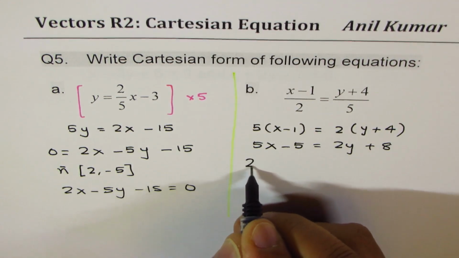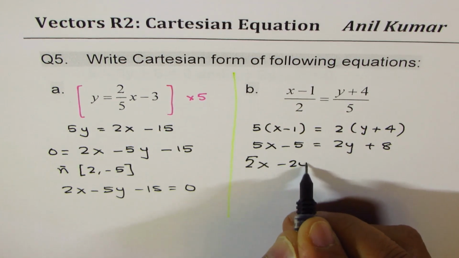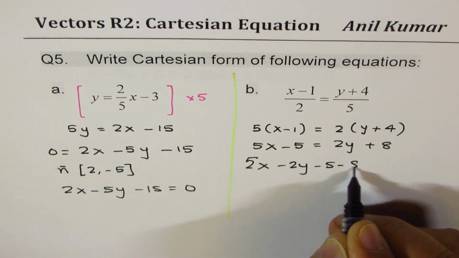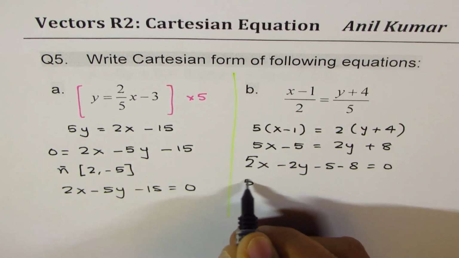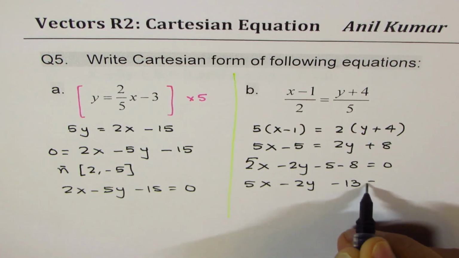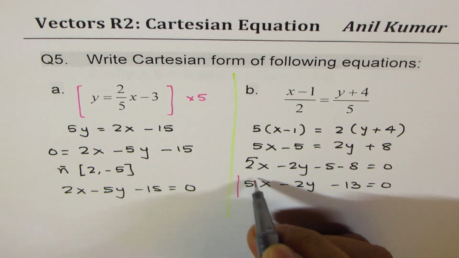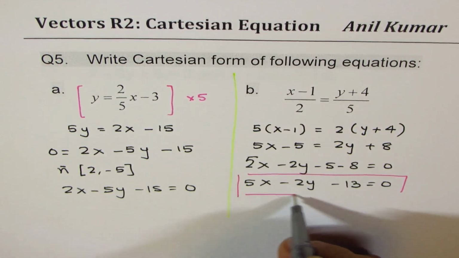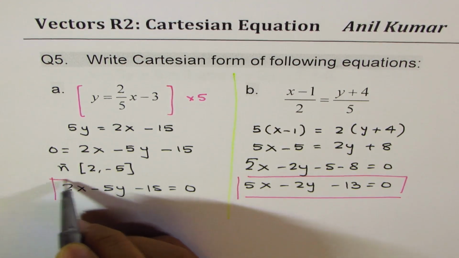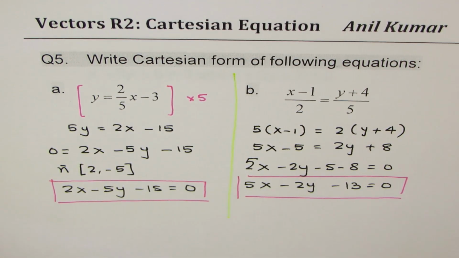Bring them together. 5x minus 2y minus 5 minus 8 equals 0. So we got 5x minus 2y minus 13 equals 0. So that becomes the Cartesian equation. Do you see that? So simple steps. You can easily convert any form of line into Cartesian form.